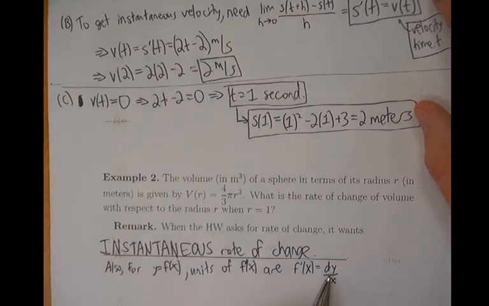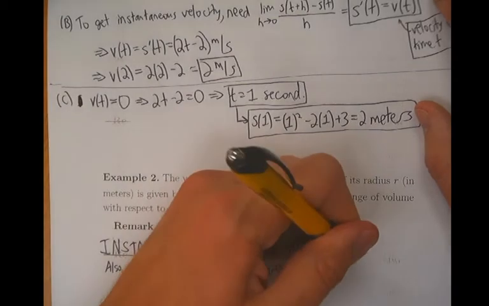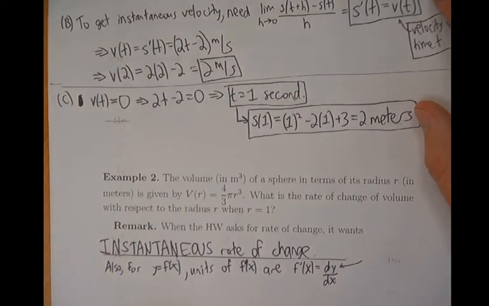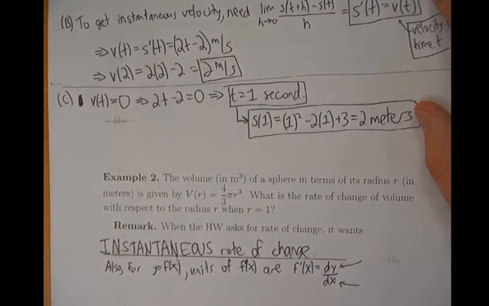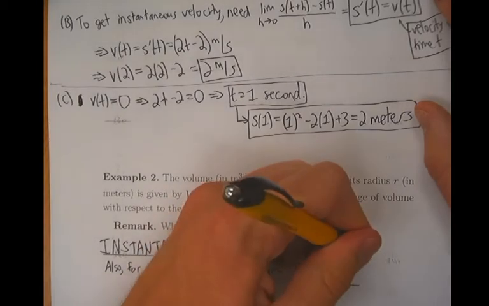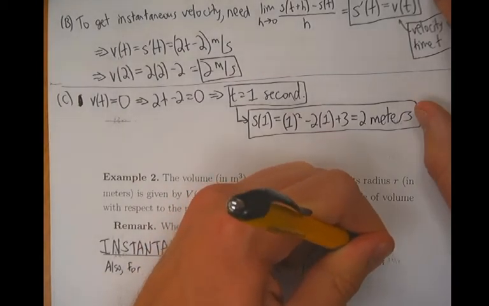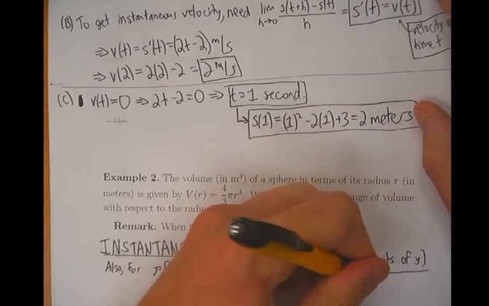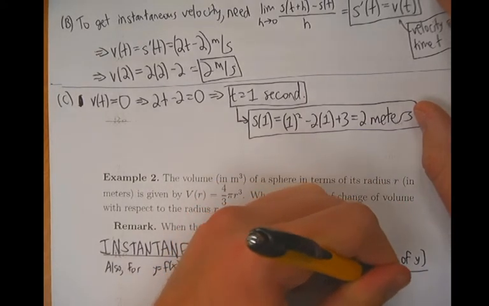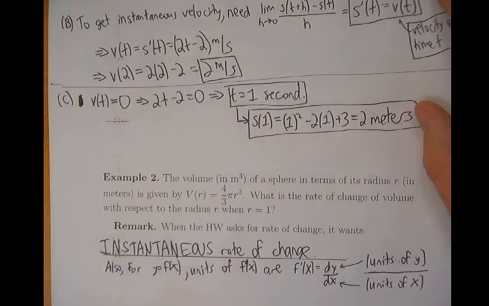So in this case, we're having something involving y over something involving x. That means that the numerator is going to carry the same units as y does, and the denominator is going to carry the same units as x does. So essentially, we have units of y divided by units of x.